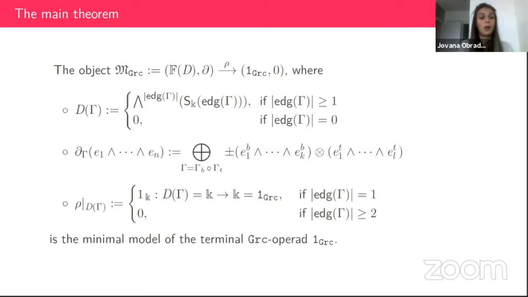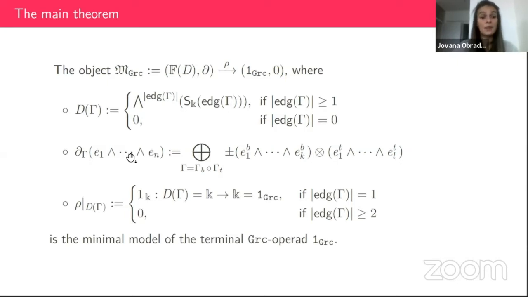Here it is. So first of all, in order to define the generating collection D on a graph gamma, we're going to consider the vector space spanned by all the edges of gamma, and we're going to associate to that vector space the top dimensional piece of its exterior algebra. So this here is the one-dimensional vector space spanned by the exterior product of all the edges of gamma.